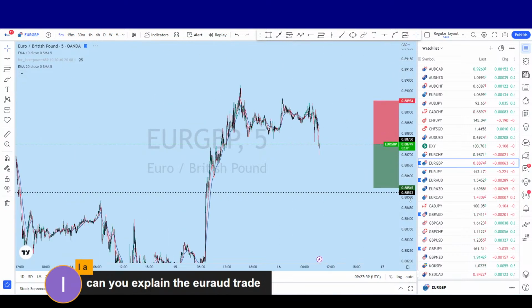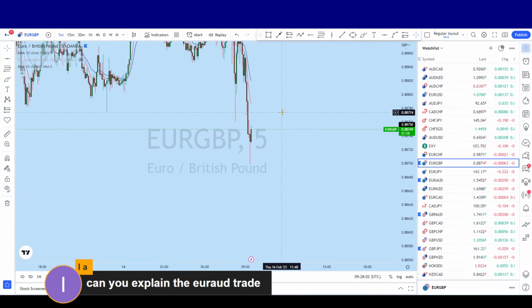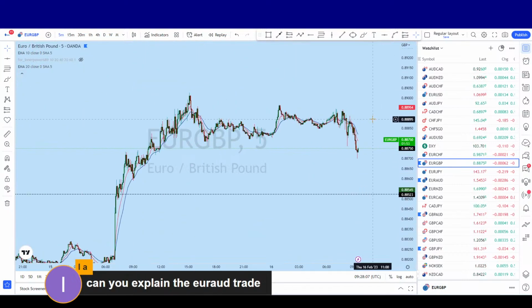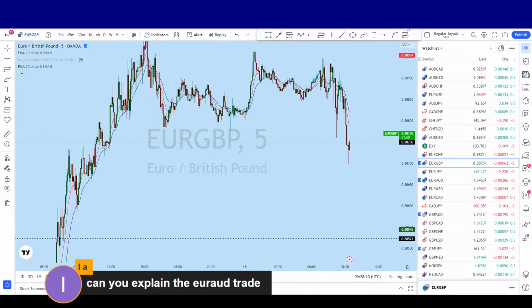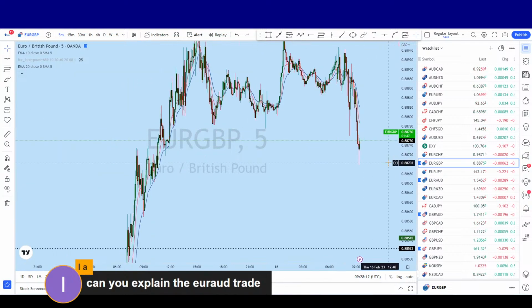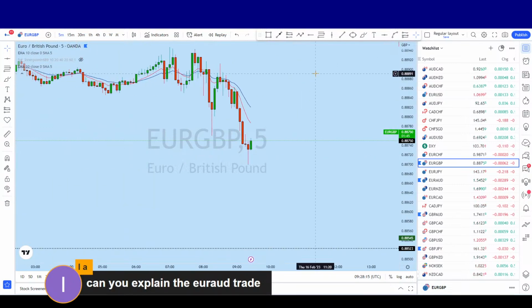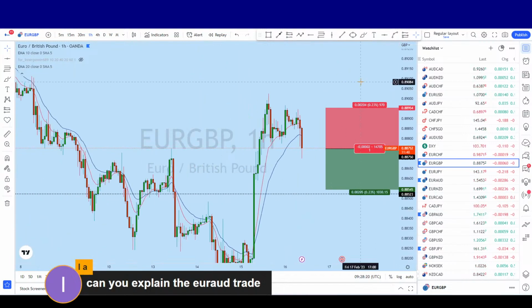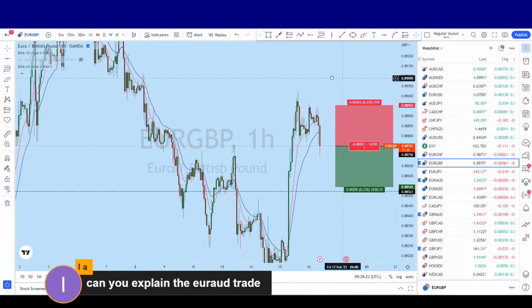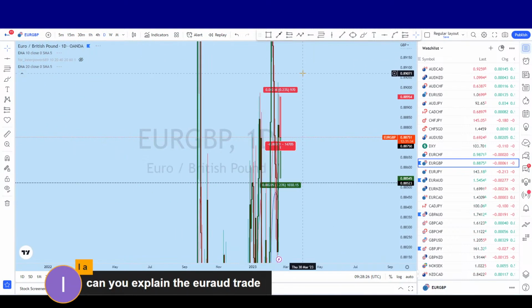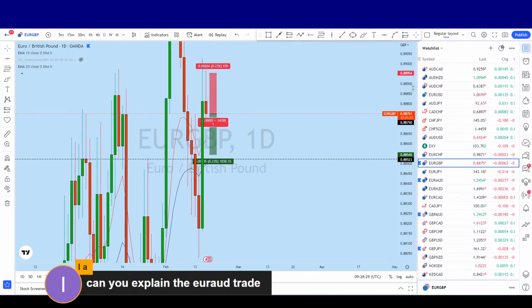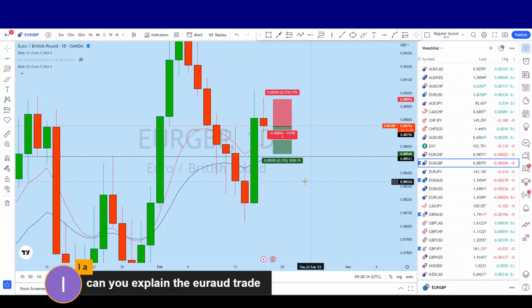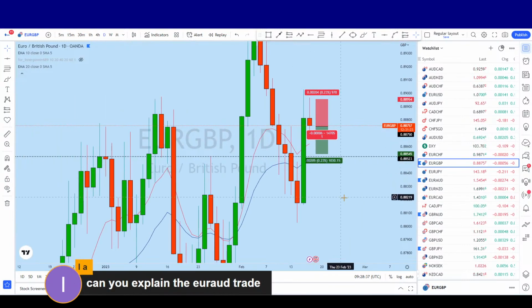So if you go to the 5 minutes on Euro GBP, yeah, I think that highly likely Euro GBP will come down to this daily 20 EMA.